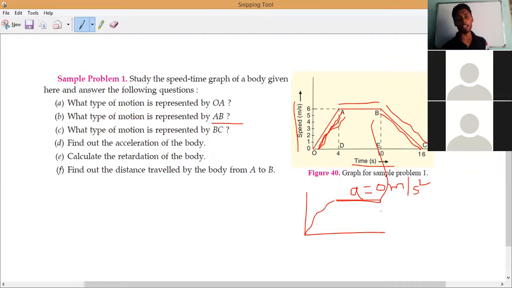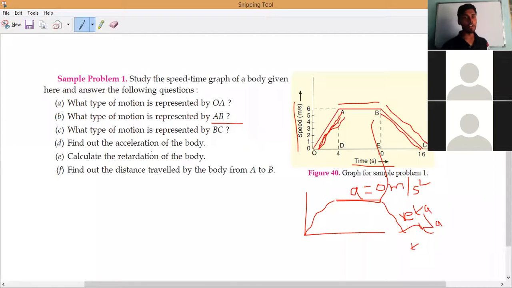The uniform decreasing acceleration we also used to call retardation. So it is increasing acceleration, constant zero acceleration, and decreasing or retardation.